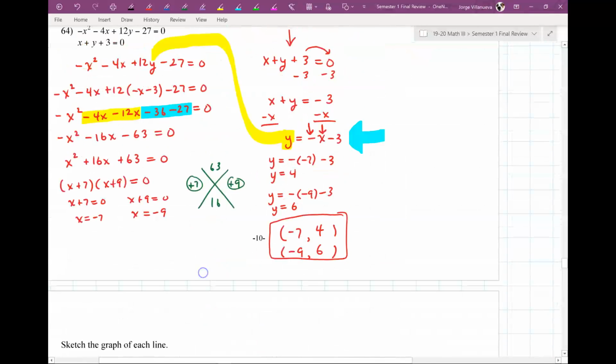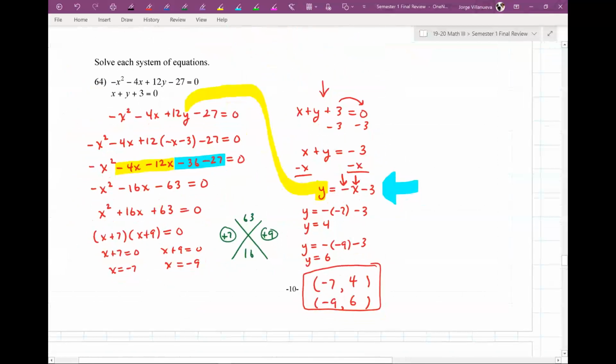By the way, you guys may have noticed a bunch of writing right here. Number 64. It'll be in the notes. Someone asked me if I could do number 64, and 64 is a tough one. But I told them, remember, this is a multiple choice test. On a question like this, doing the work takes a long time. But since you have multiple choice, you could always just get the answers they give you and plug them in and see if they work.